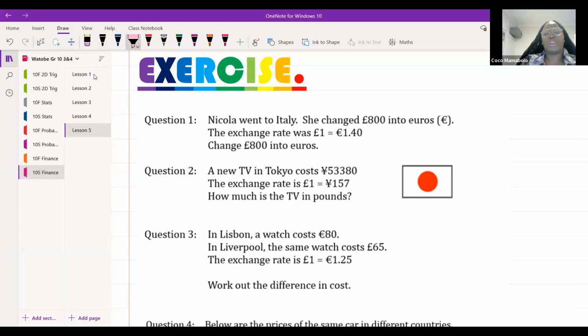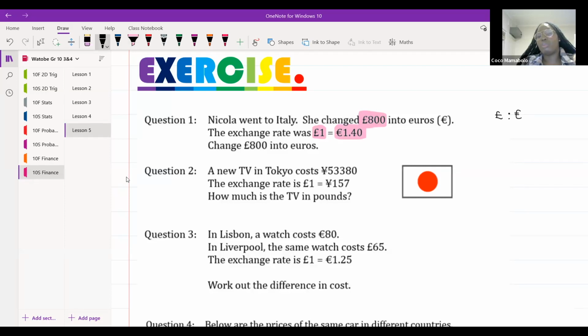All right. So question 1 says, Nicola went to Italy. She changed 800 pounds into euros. The exchange rate was 1 pound is to 1.40 euro. The first thing we're going to do is rewrite these currencies as a ratio. So I'm going to go pound and euro.